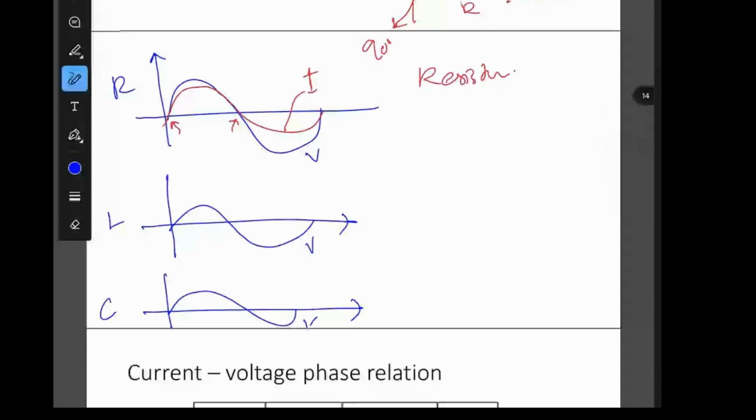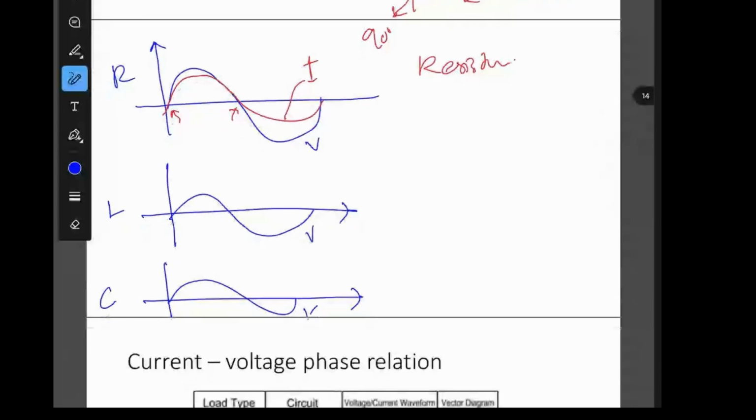For the inductor, it is j at 90 degrees, so it will lag 90 degrees here. This is the current waveform for the inductor.